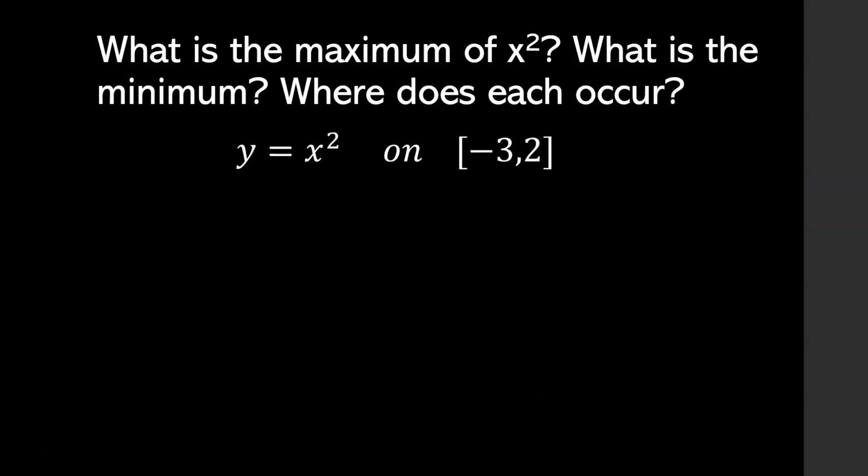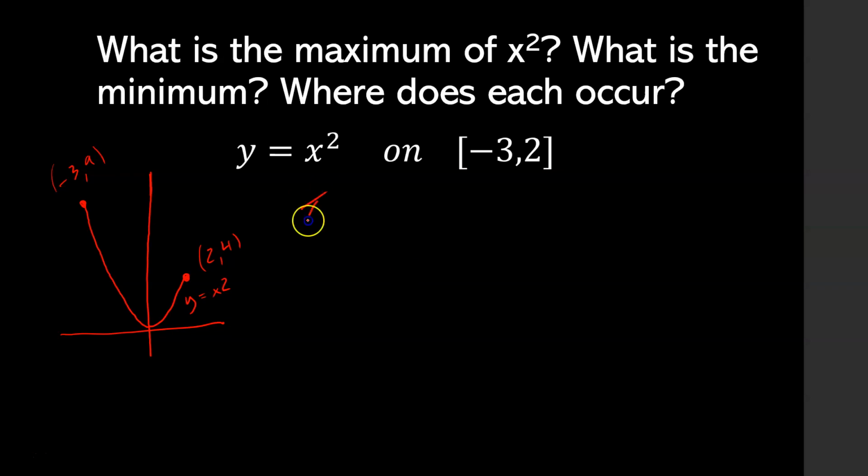So our goal is to show when a function must have a maximum, must have a minimum. So we're going to bound x squared on the closed interval [-3, 2]. Let's sketch that. Okay, so maybe we can label y equals x squared. And so, does x squared have a maximum?